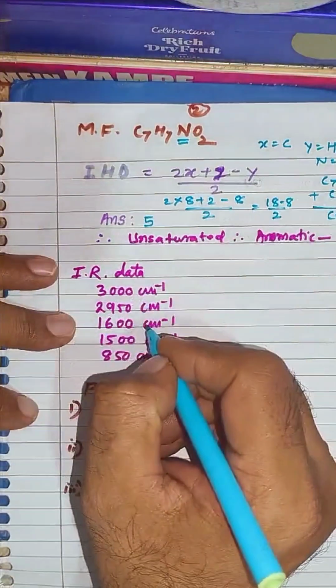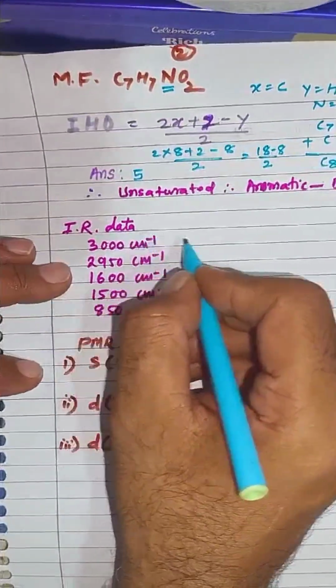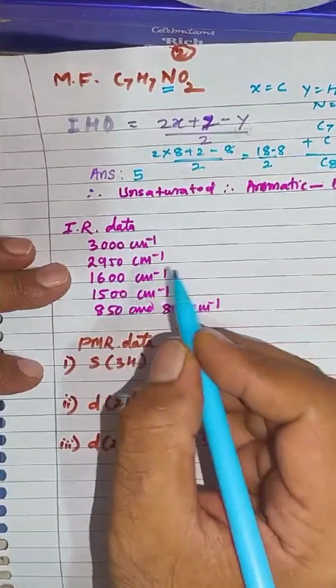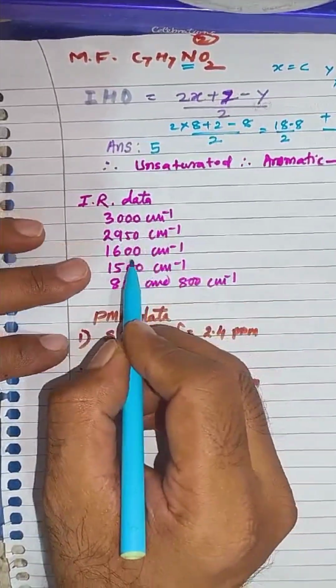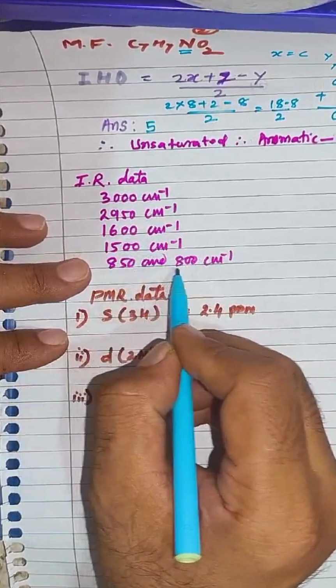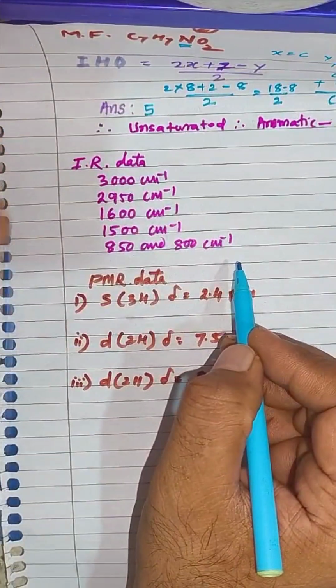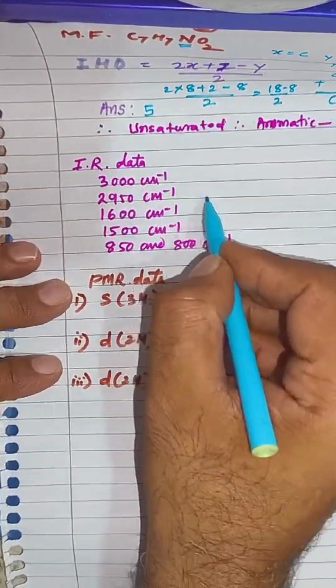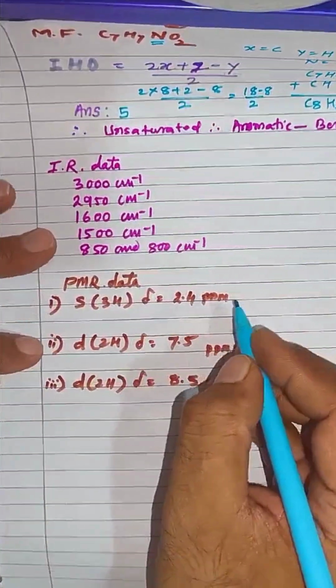Always go to the IR last because we don't remember these values. I know these values: this is for aromatic, this is for aliphatic, this is again aromatic stretching, and then 850 to 800 is a disubstituted compound. But suppose we don't remember these values, we can go for the PMR directly.